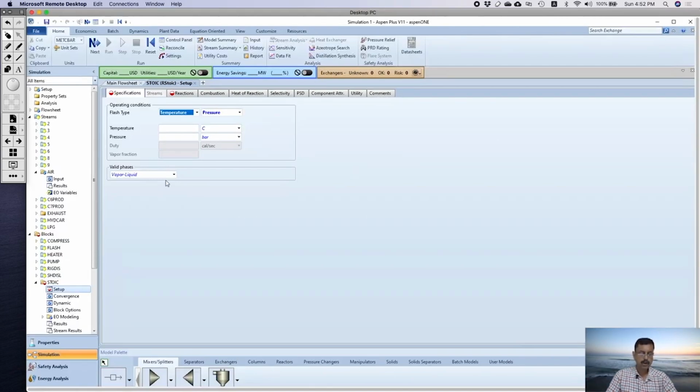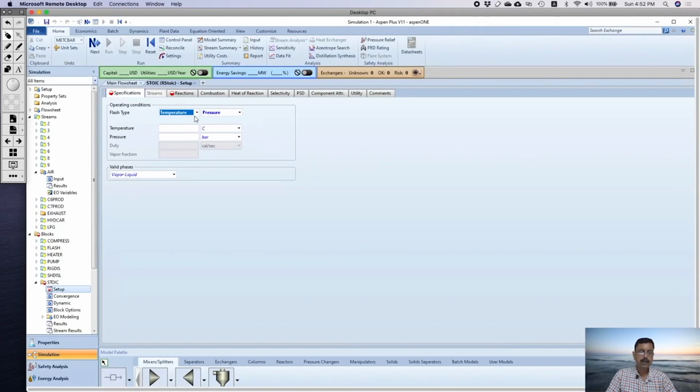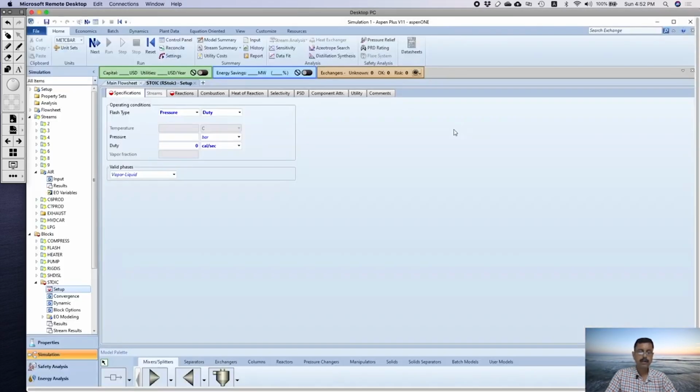It doesn't talk about the temperature, but it necessarily talks about the heat duty, which is 0. And the pressure is 10 bar. So either you can write 10 or 0. If you write 0, then it will be regarded as pressure drop. And if you write 10, then it will be regarded as 10 bar pressure.